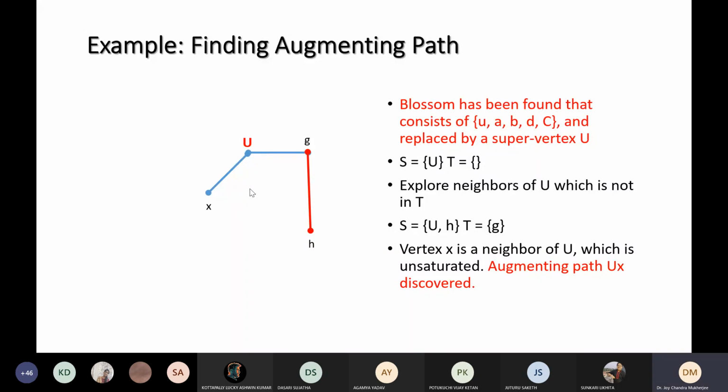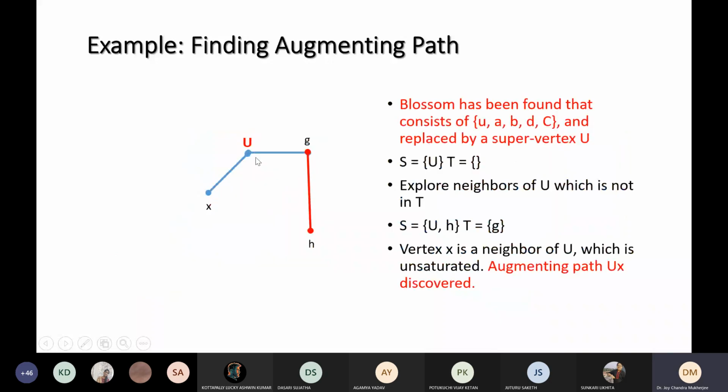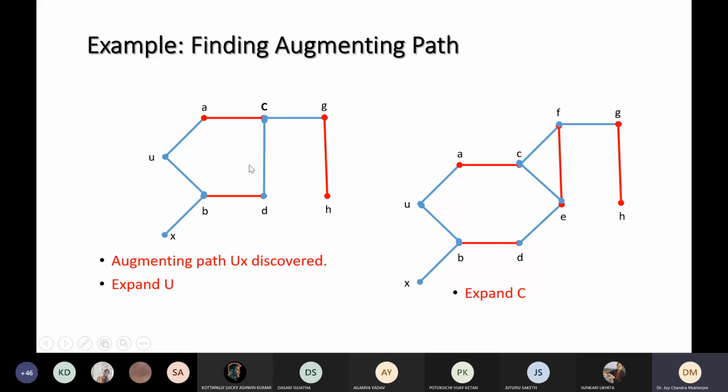Since I get an augmenting path, I need to expand the blossom. Okay. So what I do, when I reach X from U, I find it is an augmenting path because it's unsaturated. Now I need to expand U. If I expand U, what will happen? Now X to B I go.